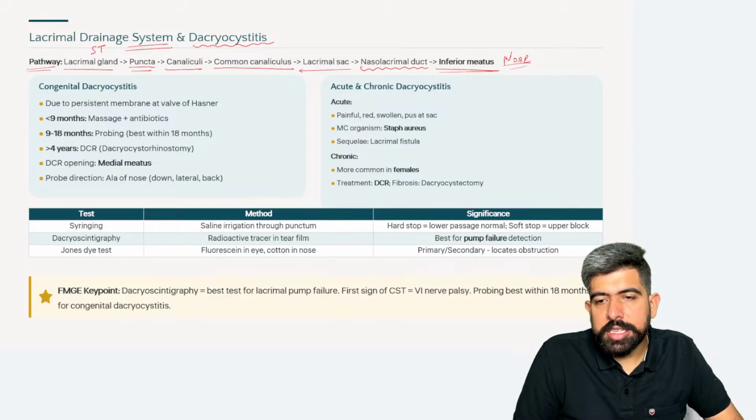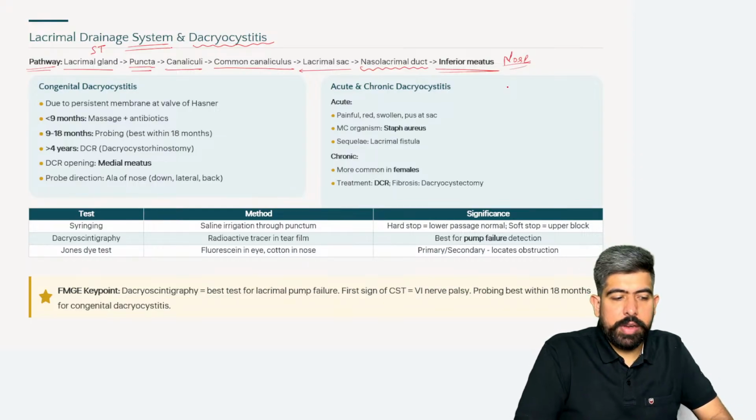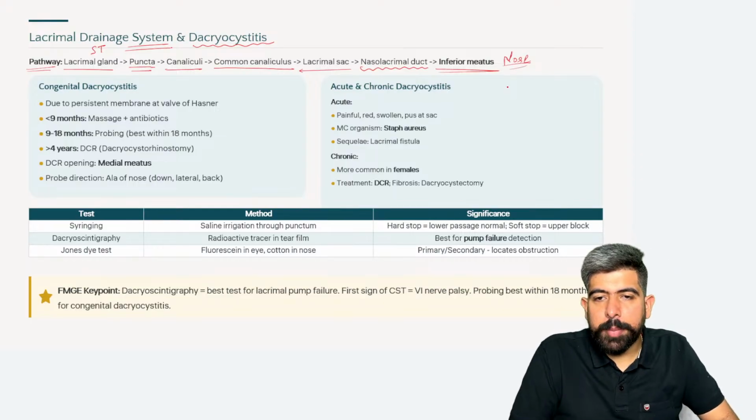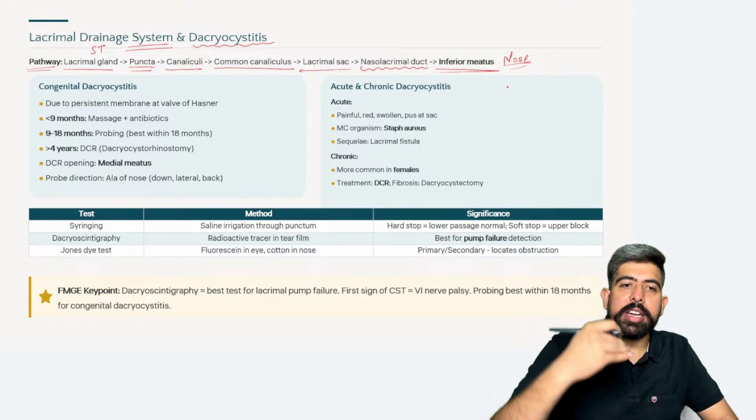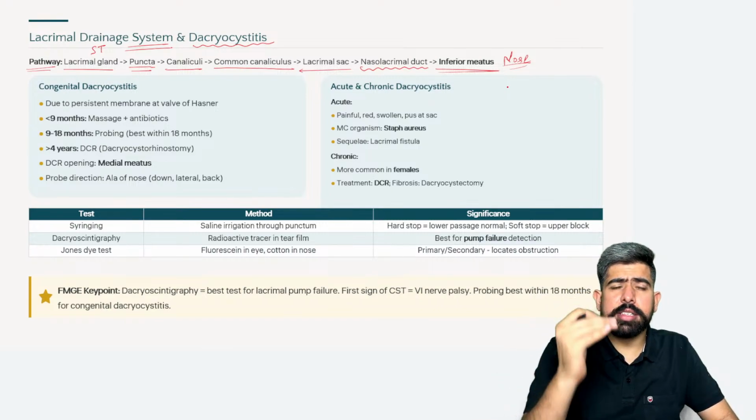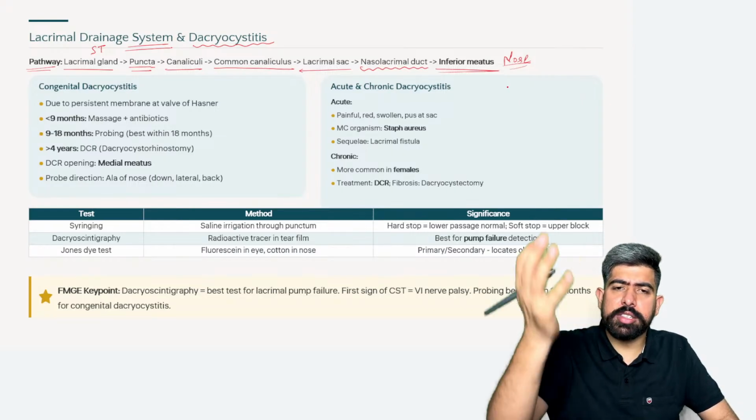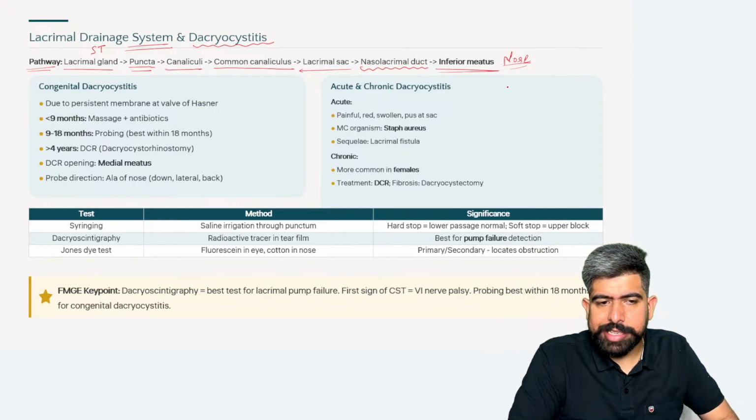I hope you studied this in ENT also. The inferior meatus is where the nasolacrimal duct drains, right? All three meatus are there: inferior meatus, middle meatus, and superior meatus.